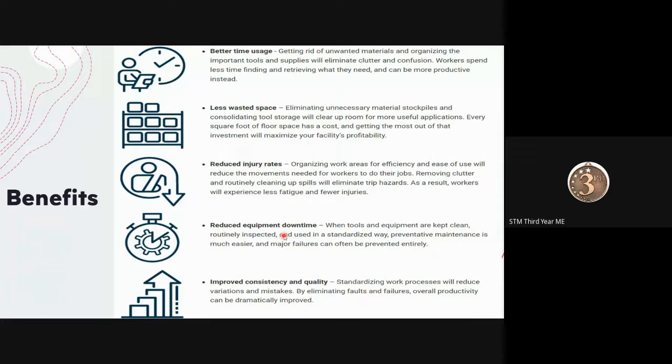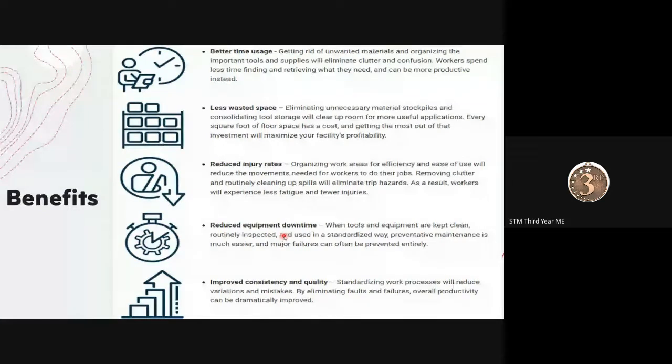Then last one, improved consistency and quality. So once you are implementing the 5S system, there will be consistency and quality, not in the sense of product quality, but it is the performance attitude of the worker.